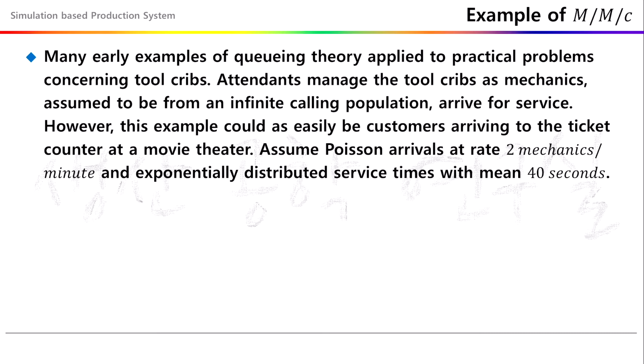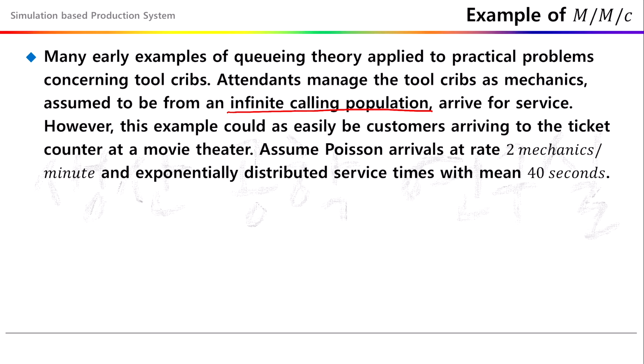Many early examples of queuing theory applied to practical problems concerning tool cribs. Attendants manage the tool cribs, and mechanics are assumed to be from an infinite calling population. It means that there is no limitation of the resource, or that the server can have the resource required at any time. However, this example could as easily be customers arriving at the ticket counter at a movie theater.